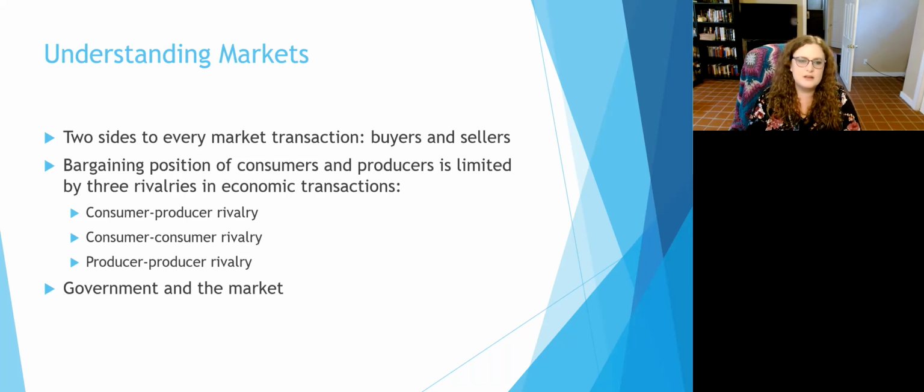So the government can affect the market by putting in regulations, and the regulations tend to come in two types. It's either on the price, how much you can charge for something, and it might be an upper limit or a lower limit. We're going to talk about that in the next video. Or it's on the quantity, how much quantity you can produce of a good or service.